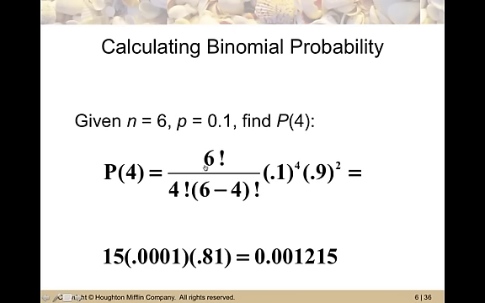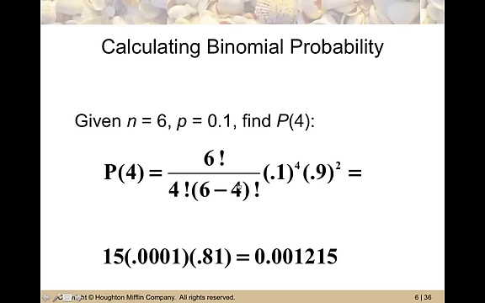Okay, so it's n factorial, so 6 factorial over x factorial, so 4 factorial, times n minus x, so 6 minus 4 factorial, times p to the x power, so 0.1 to the 4th power, q, which would be 1 minus 0.1, which is 0.9, to the n minus x power, so 6 minus 4 is 2.